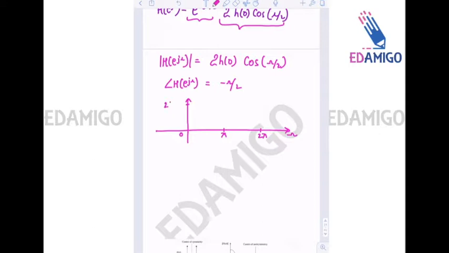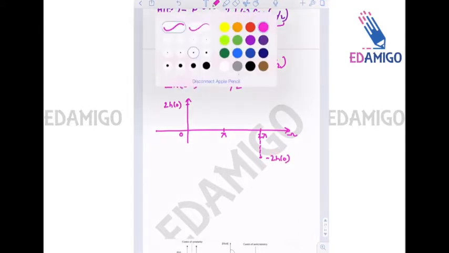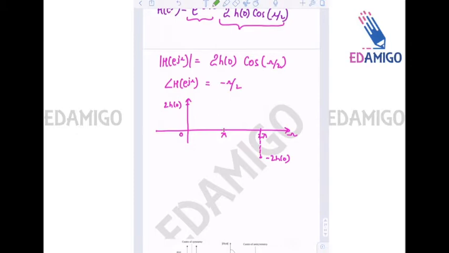At 0 it will be 2h0. At 2 pi it will be minus 2h0, as we can see, and at pi the magnitude will be 0 because it will be cos of pi by 2. So the plot will be something like this.